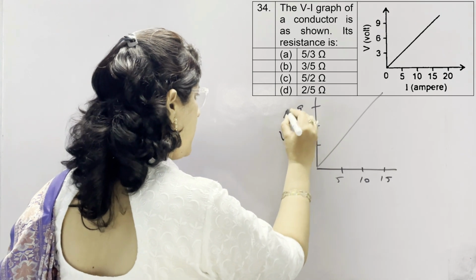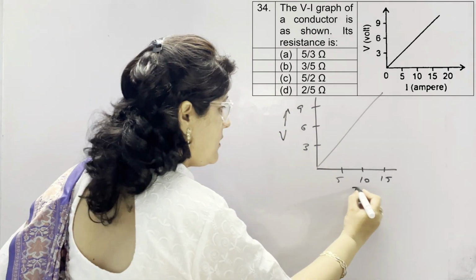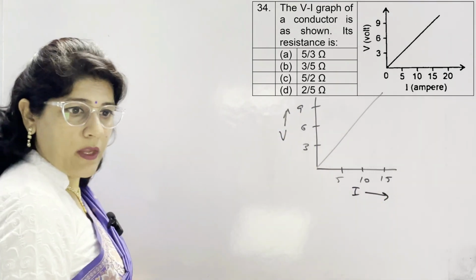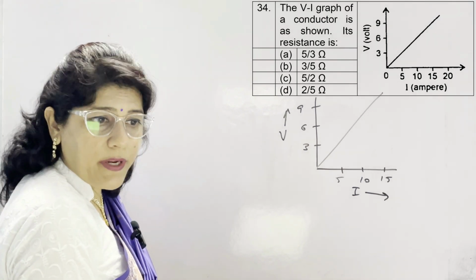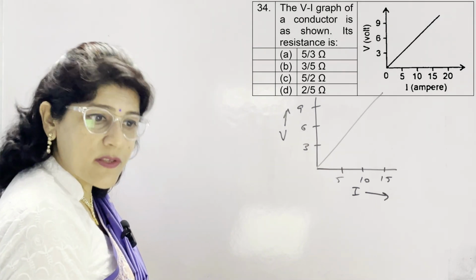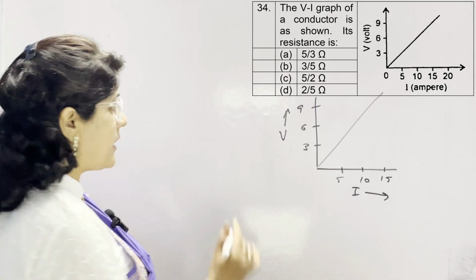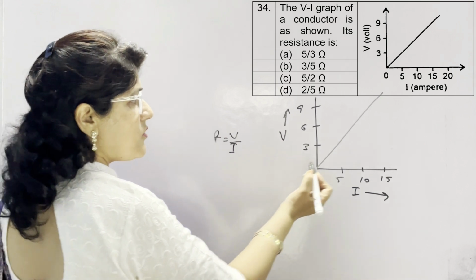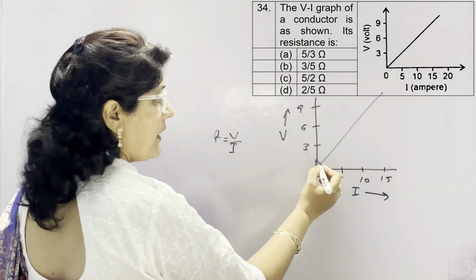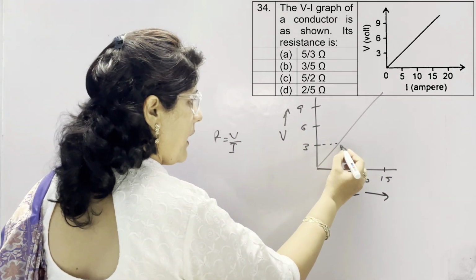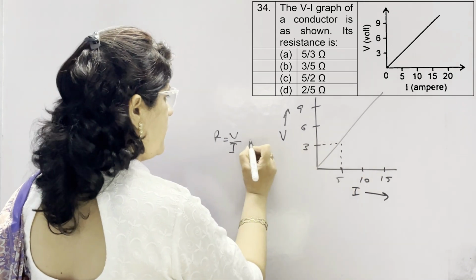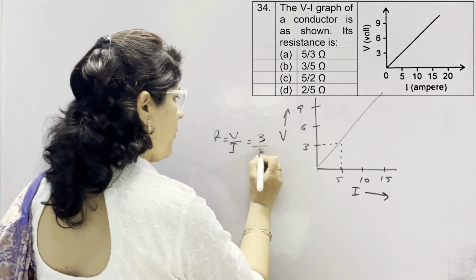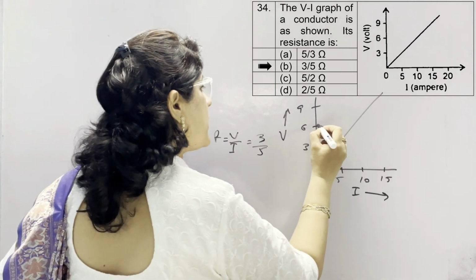Voltage is showing on y-axis and current on x-axis. Now the VI graph of a conductor is as shown. Its resistance is R is equal to V upon I. So V is shown on y-axis. So 3 upon 5. 3 upon 5. We can check it here also.